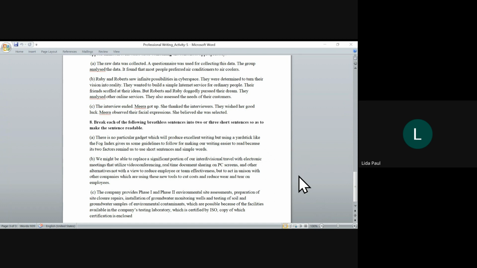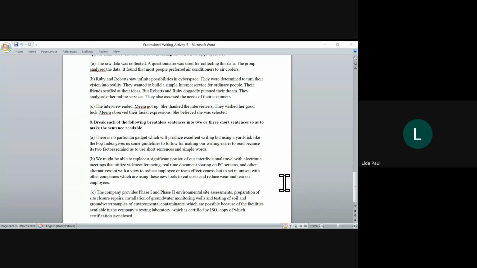And then the last part is about the companies using these new tools to cut costs. Why are they using it? That you'll write as a separate sentence. These companies are using these new tools to cut costs and reduce wear and tear on employees. Understood? So with that, one whole sentence, you've broken it down into 4 separate sentences, which now gives you a much better clarity of meaning than when it was in that big, huge sentence. Got it?